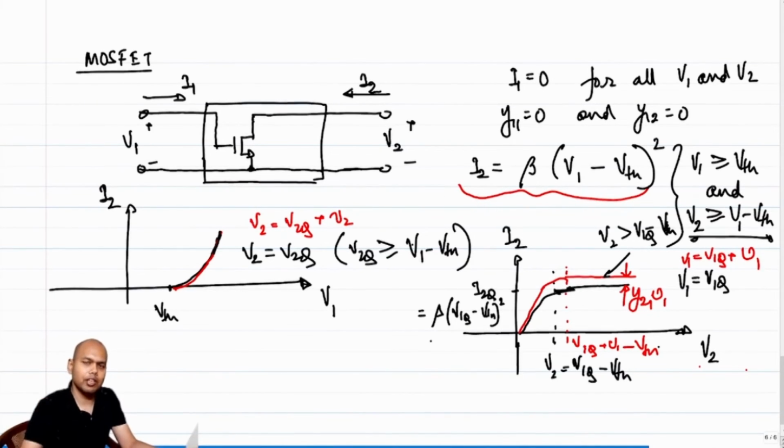Like what happens if I increase V1, what if I increase V2, what happens if I decrease V1 or decrease V2, and what are the particular governing current voltage equations that we need to deal with.